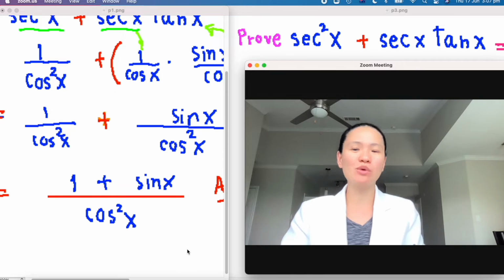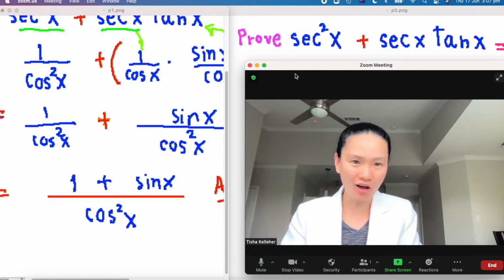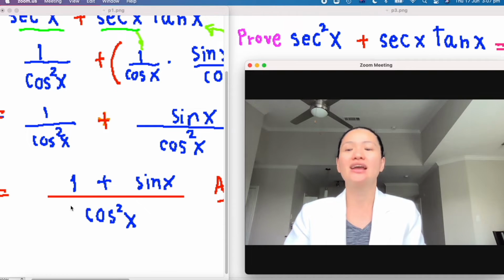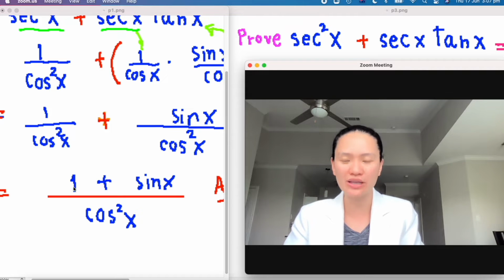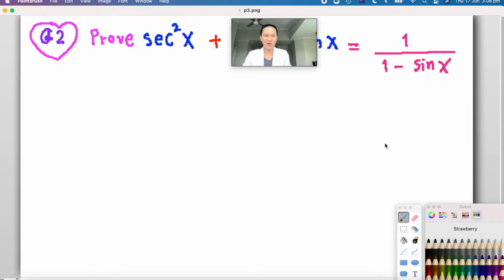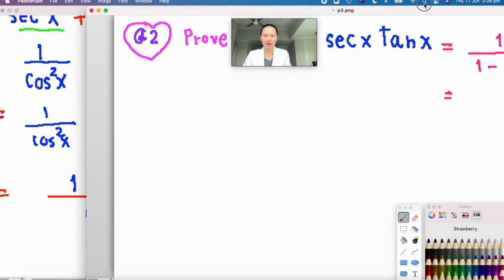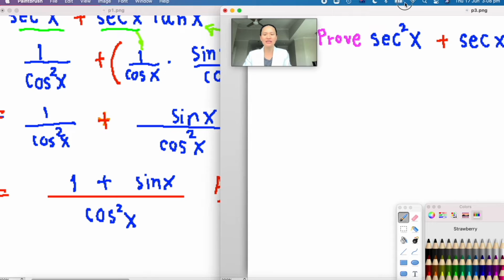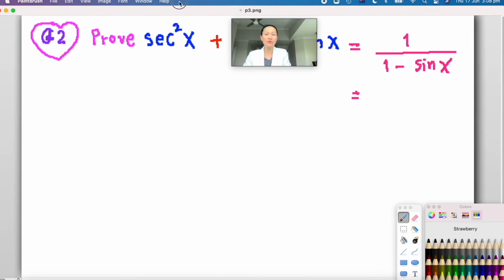From question number 1, we proved already that all of these terms equal 1 plus sine x divided by cos x squared. So what I'm going to do is use this answer and then match it. Okay guys, do you remember from question number 1, it equals this one. 1 plus sine x divided by cos x, yeah? We just proved it.